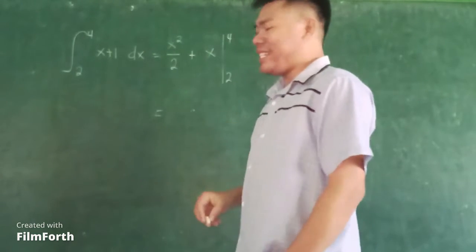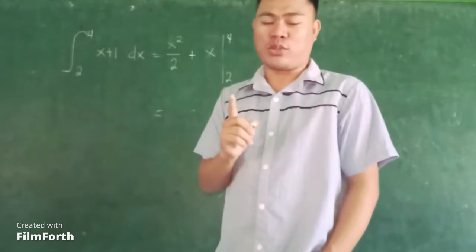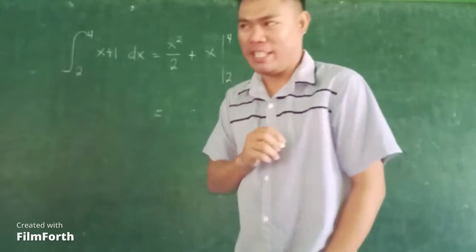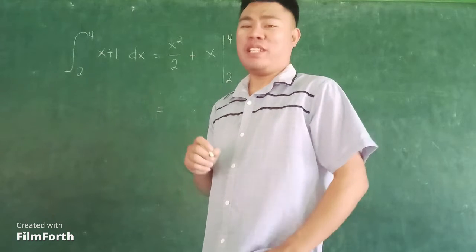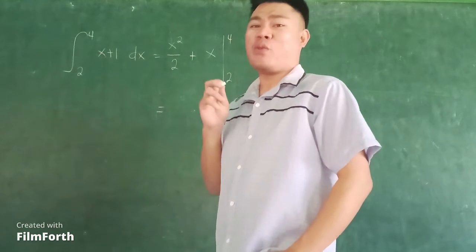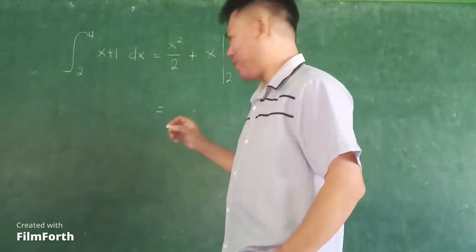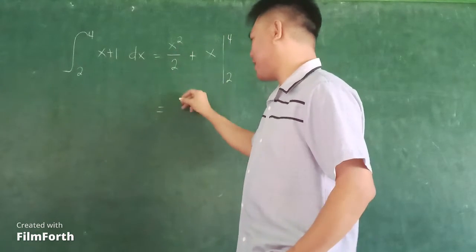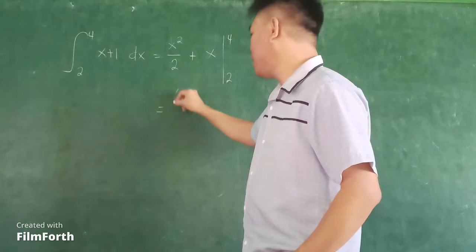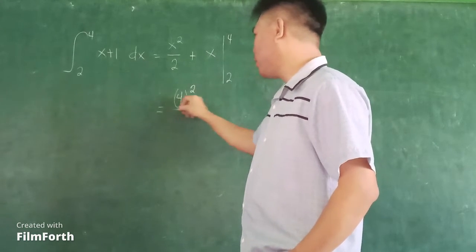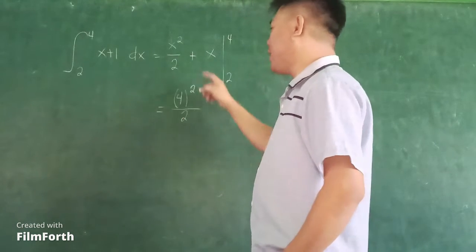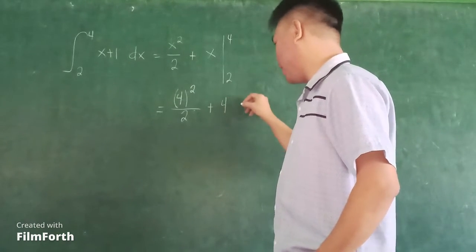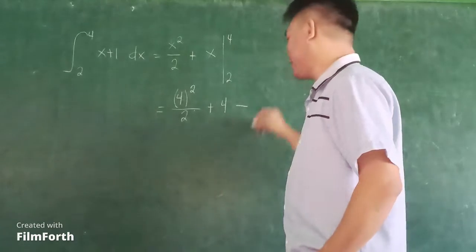Next, we are going to substitute the upper limit then minus the lower limit. Since the upper limit is 4, our equation would be like this. Let's substitute 4 to x. So it becomes 4 squared over 2, then plus x is 4, then minus.